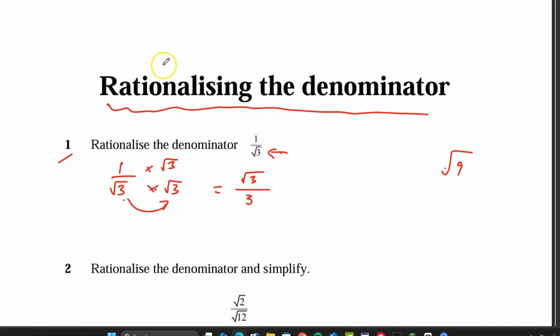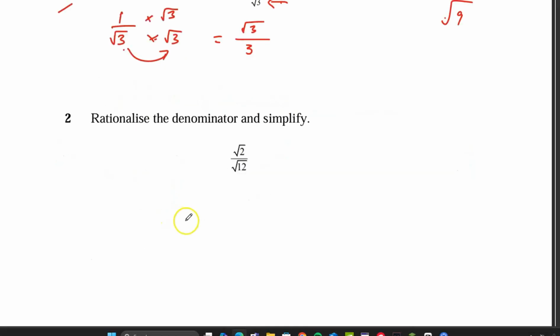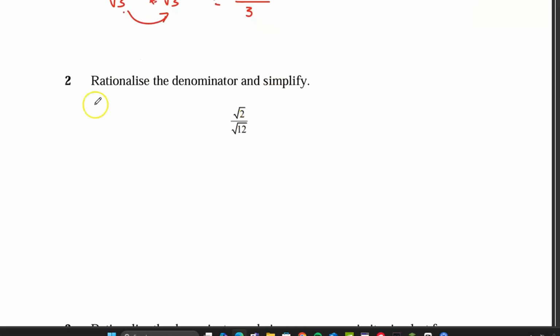Let us go to question number 2. Rationalize the denominator. Let's multiply the denominator and the numerator by root 12. And let us write the numerator as root 2 times.